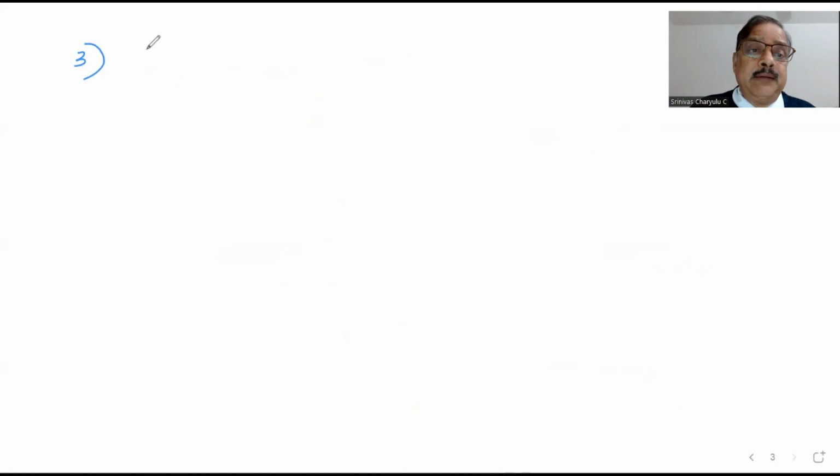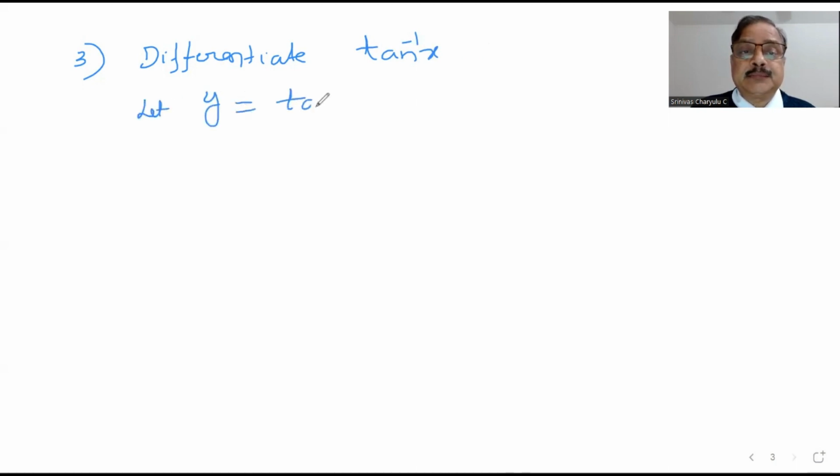Another third one we are having tan inverse. Differentiate tan inverse x. So same procedure, let y is equal to tan inverse x. Take both sides tan. Then what will happen here?